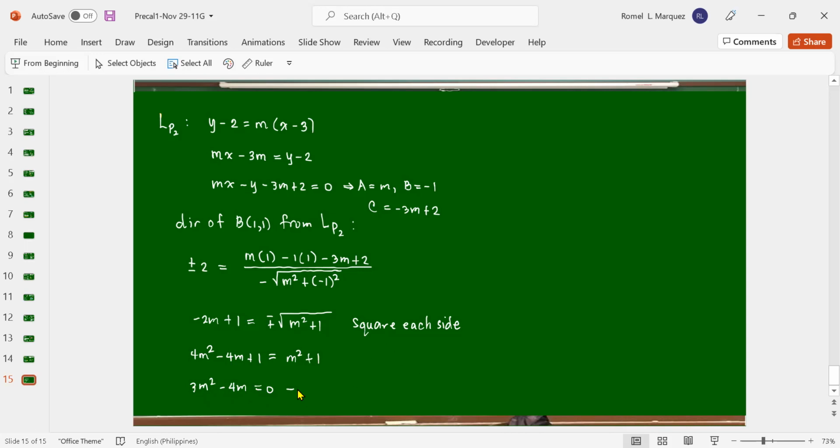So what is m? So m, okay, we can factor out m. So we get m times 3m minus 4. So m is equal to 0, or m is equal to what, guys? Four thirds, right?